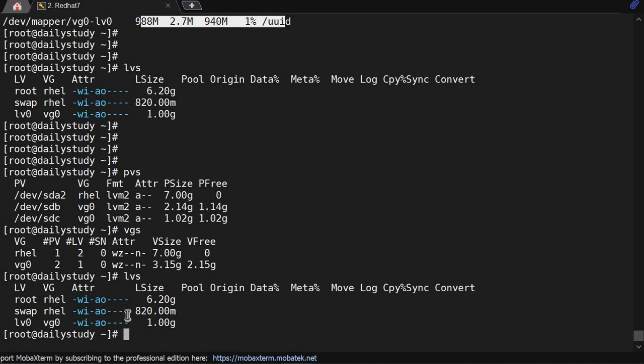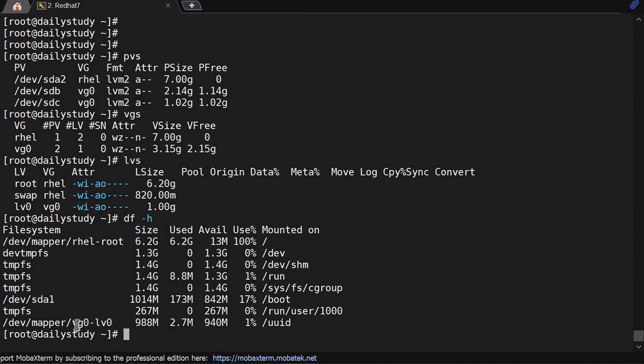And one more, df -h, the partition we are going to reduce, like LV0, will not have more data than the reduced space. Like it is almost 1 GB and used space is 207 MB. So I should not go beyond 500 MB. Correct? Because we need some space. We cannot shrink at all.